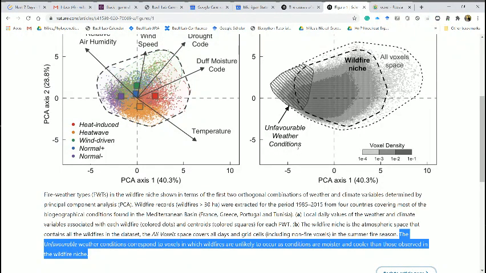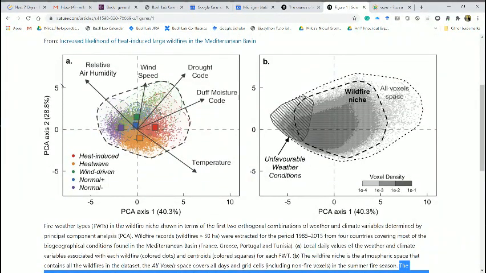I thought they meant these conditions are unfavorable because they cause wildfires, but they mean the opposite. Points that fall in combinations of climate conditions that fall within this wildfire niche are very likely to cause wildfires, which is interesting.